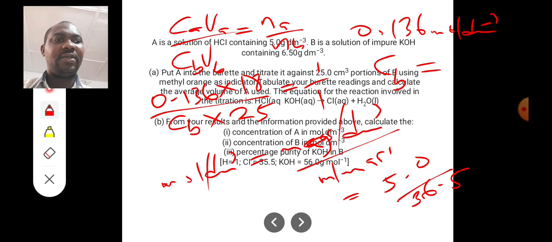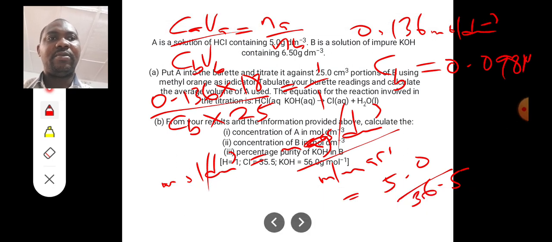That gives us 0.098 mole per dm cube. That is the concentration of the base in mole per dm cube, which we got using the neutralization formula, the titration formula.